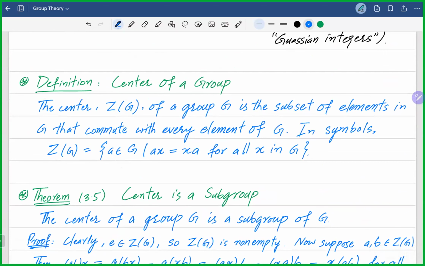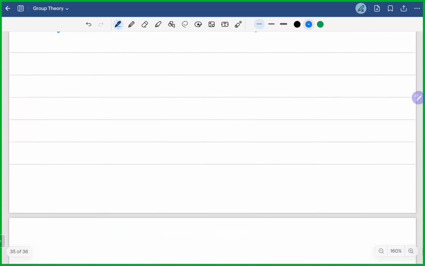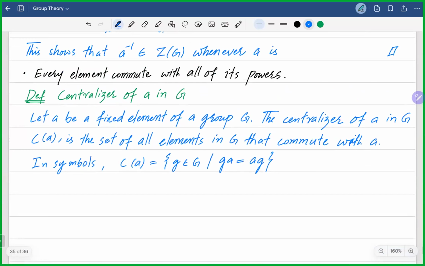All those elements of the group which commute with every other element are in the center of the group. But here in the centralizer of an element, we are fixing an element and we are checking which elements of the group are commuting with that element particularly. Okay, there's a difference.